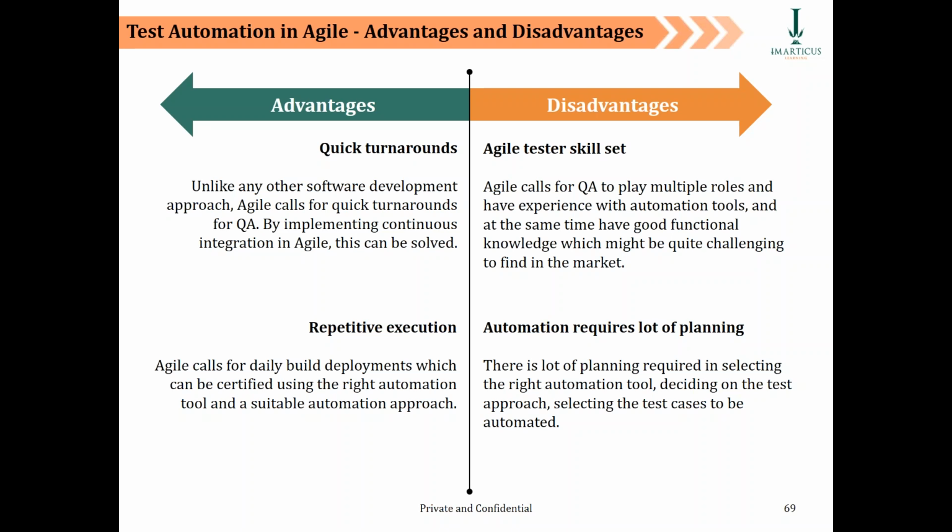So overall, even today, test automation is sitting somewhere between the advantages and disadvantages. But I can assure you that 60 to 70% of organizations have already automated their testing platforms.